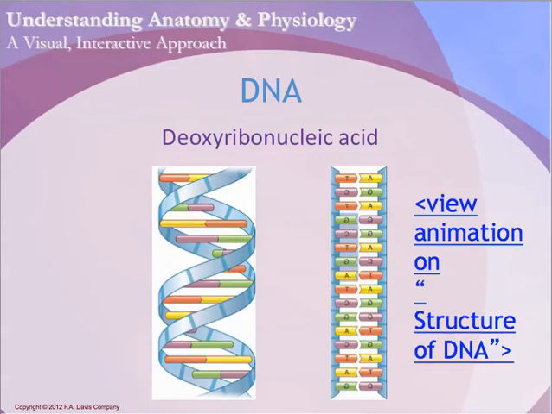Now they can only bond with those hydrogen bonds to each other, and there's a specific set there. So you can see that T bonds with A, G bonds with C, and so on. That doesn't change, but what does change is the order of them up and down this ladder, and that's what makes everybody different. So it's important that we understand those things. Not forgetting that DNA is really considered the cellular blueprint.